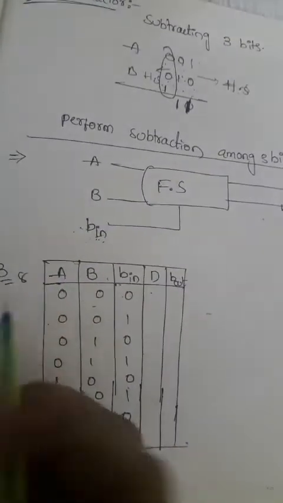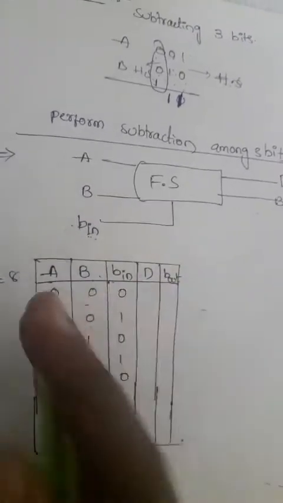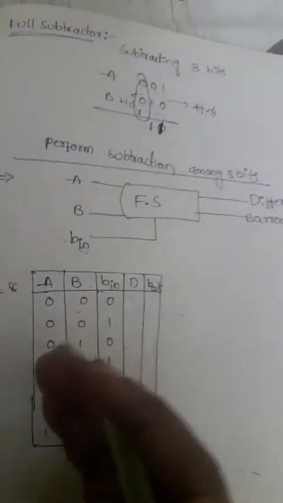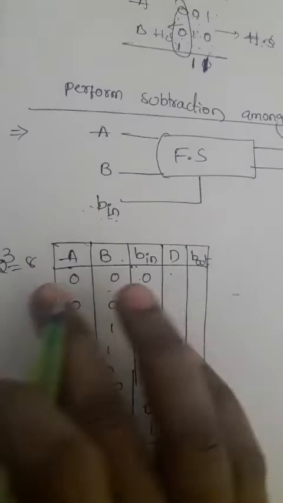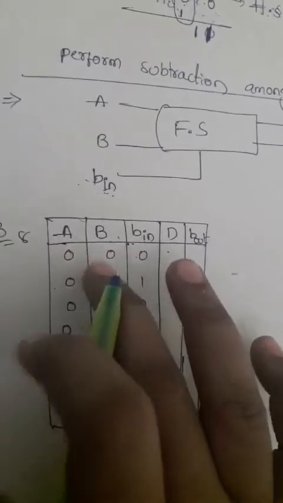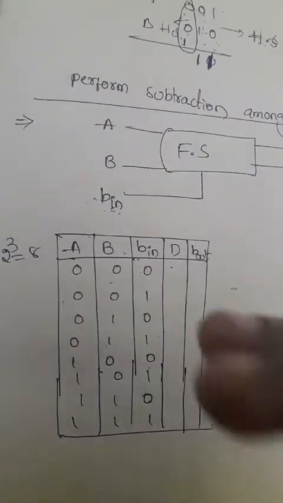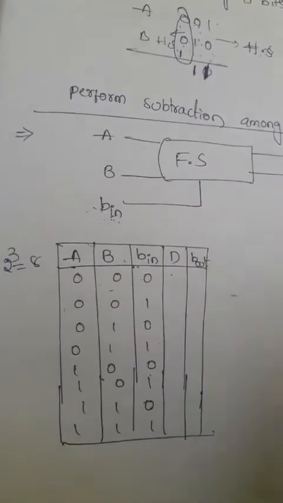When you get any borrow in that, in that case you can put 1 in the borrow column. While doing the subtraction of these 3 bits, if you get any borrow, then you place 1 in the borrow column. Okay, so now we'll see that subtraction.